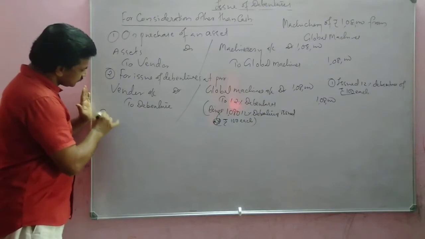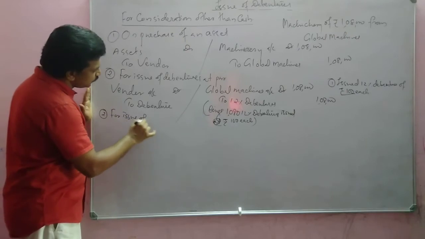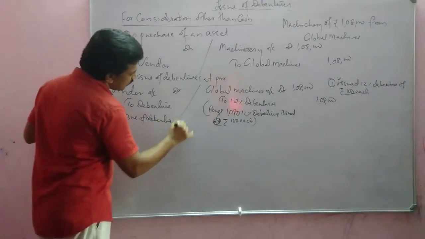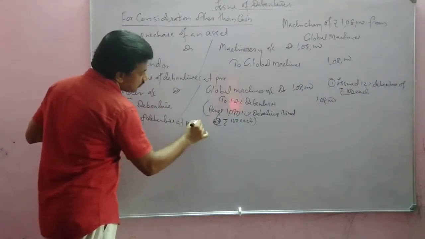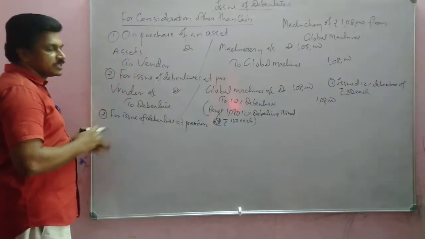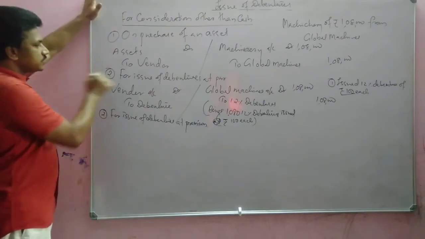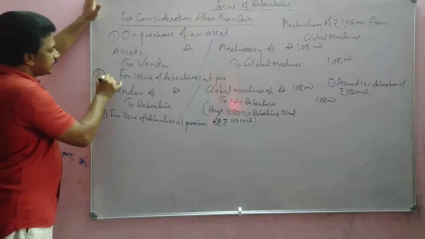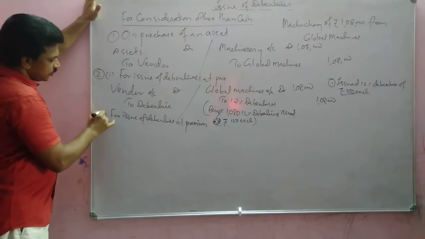Then next, for issue of debentures at premium. So what we are doing? We are issuing debentures at premium. Then what will be the journal entry? Instead of this, that means second entry we can write in second option.